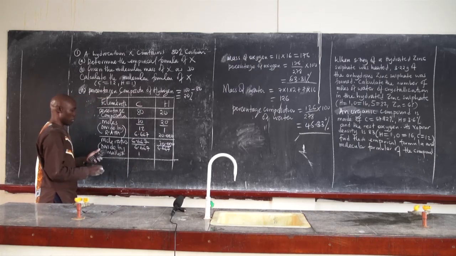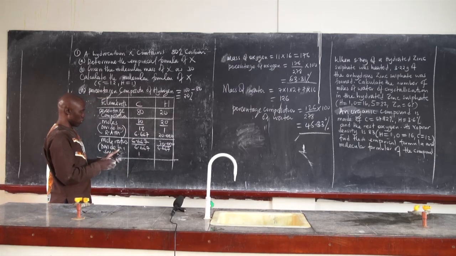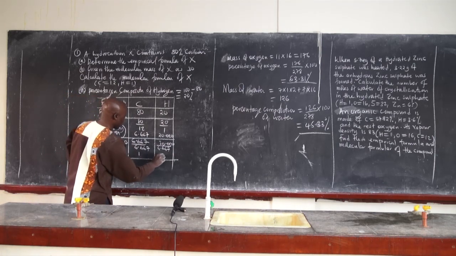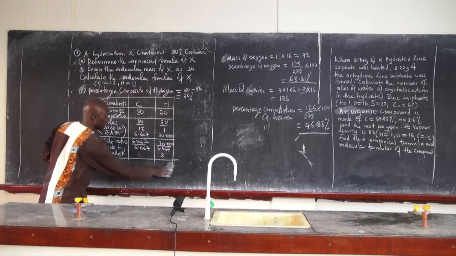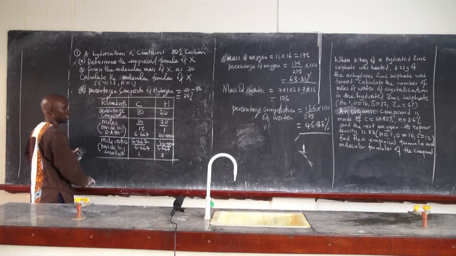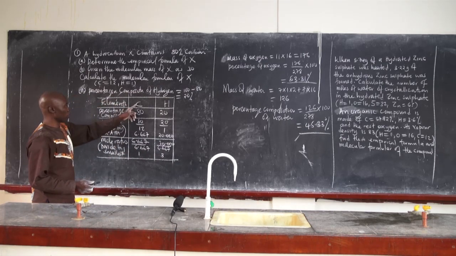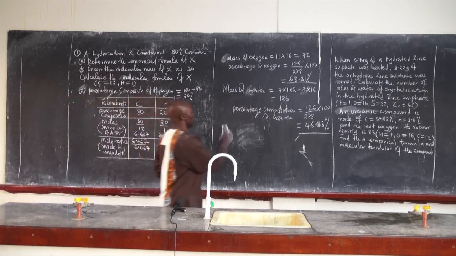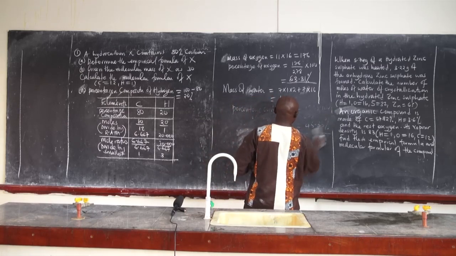Here we get 1. And 20 divided by that, we get 3. So you round to the whole number depending on the values you have obtained. So our empirical formula will be C1H3. So let's check on this.